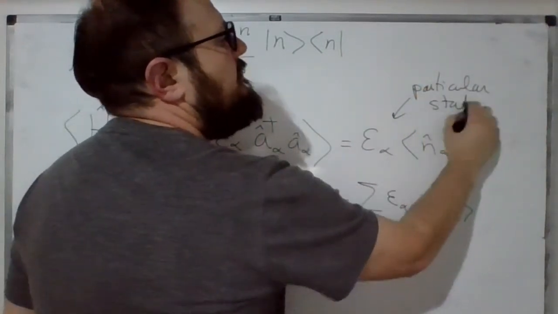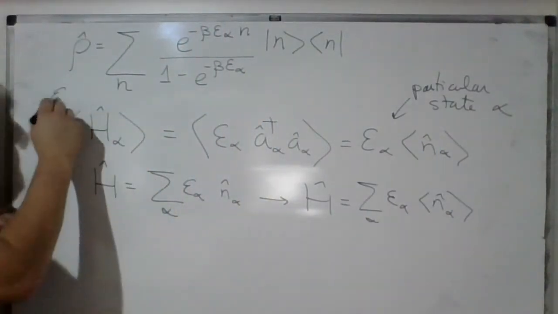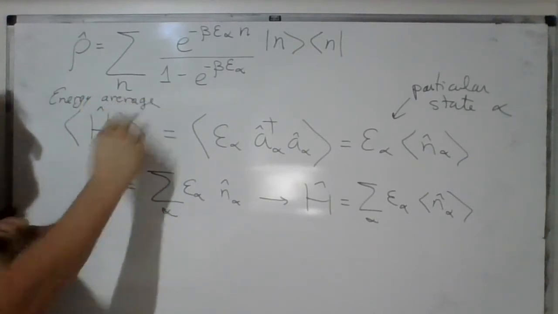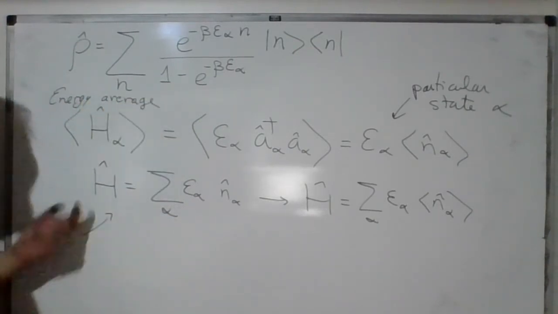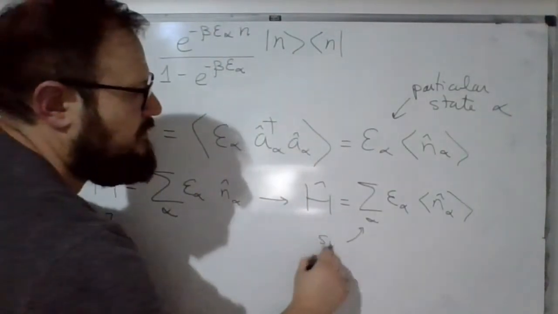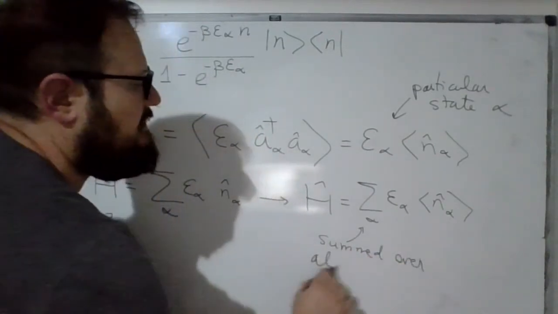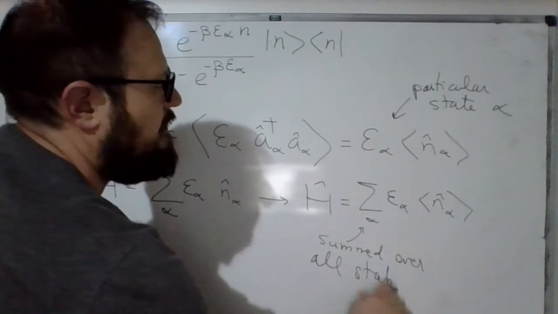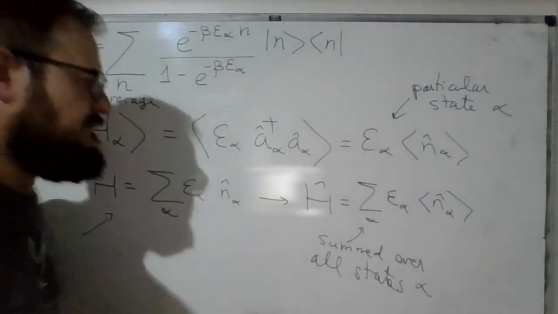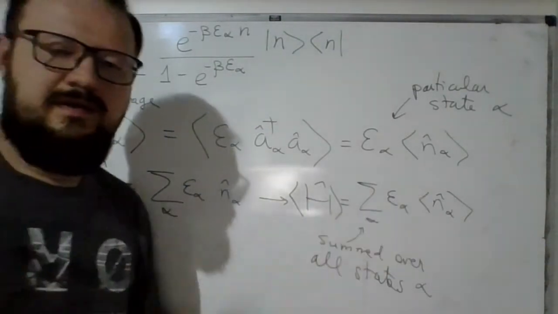This is the total Hamiltonian, summed over all states alpha. Now this is the full average of the Hamiltonian, the total energy average.